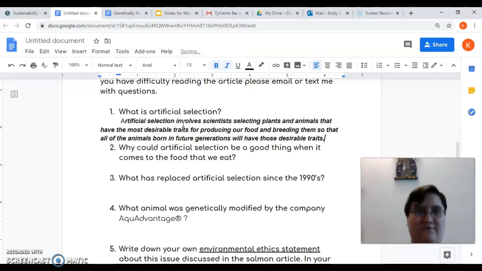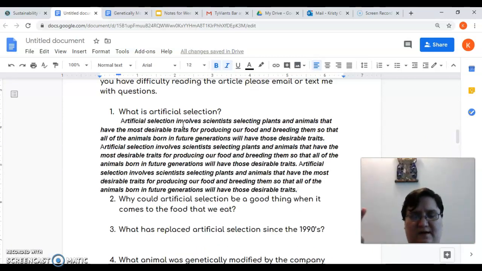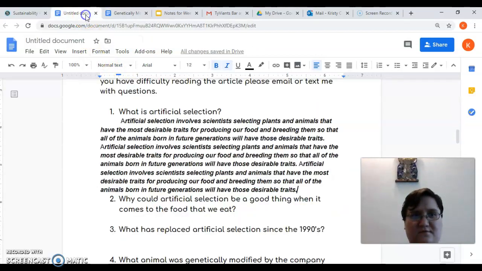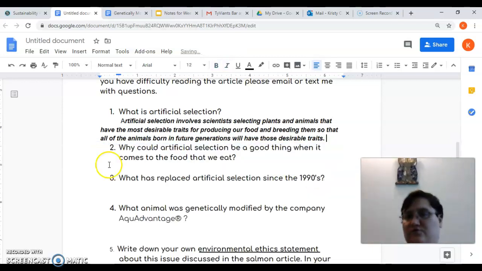Control V for paste. Oh man, why did it... Hold on for a second here. I'm not sure what happened there, but it definitely took more than it should have. Okay, cool. So there's my definition.